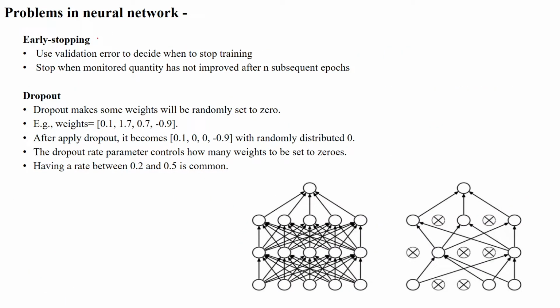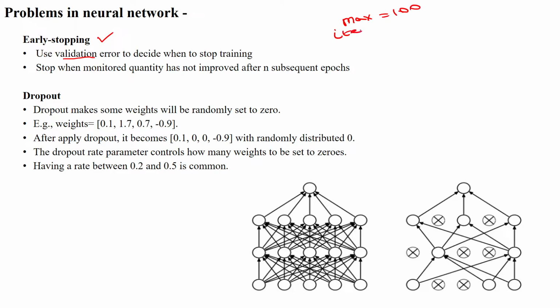Then another one problem is available in the neural network: early stopping. It is used to stop the iteration process if it reaches the convergence earlier than given iterations. So for example, I am giving the maximum number of iterations equal to 100.